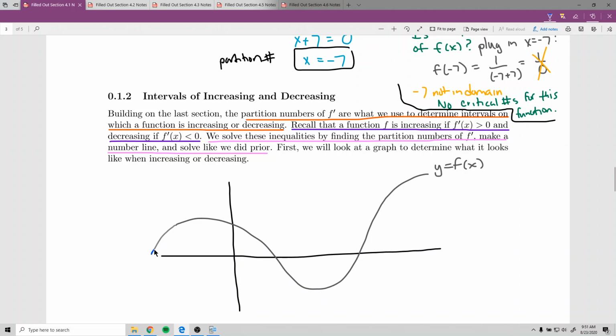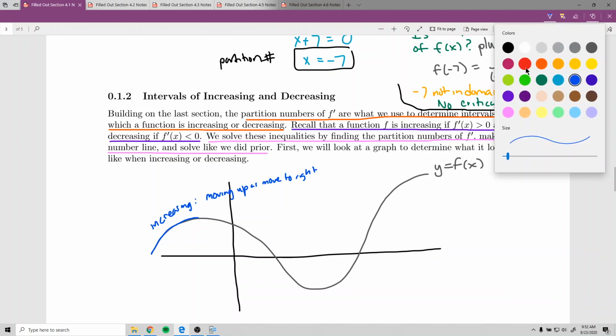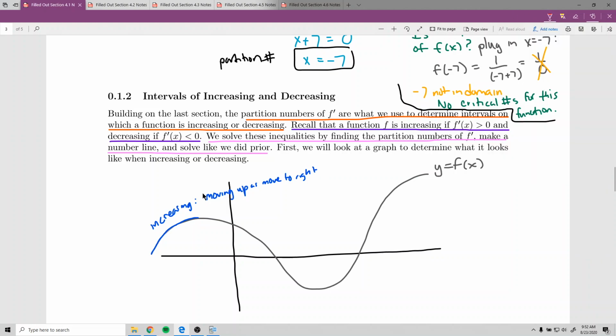So over here on the left, it's increasing up until we get to the top. And then anytime you have what looks like a maximum or minimum, the top of the hill, bottom of the valley, it's going to switch. So now after it's increasing, it starts decreasing.